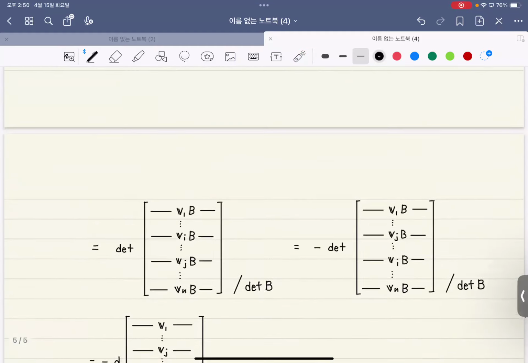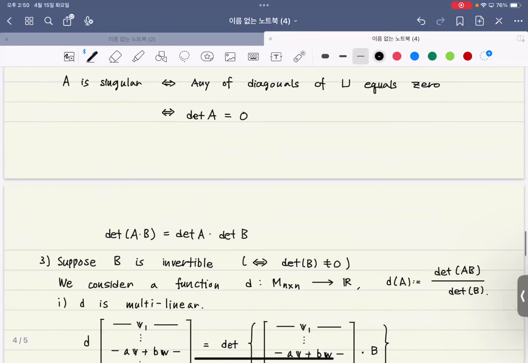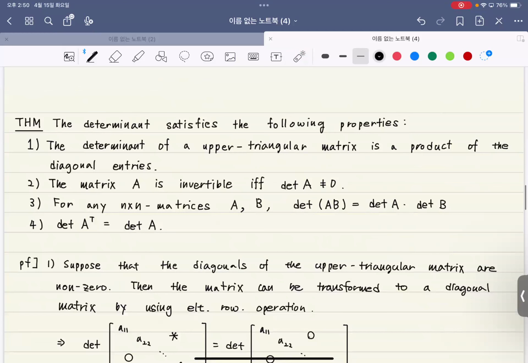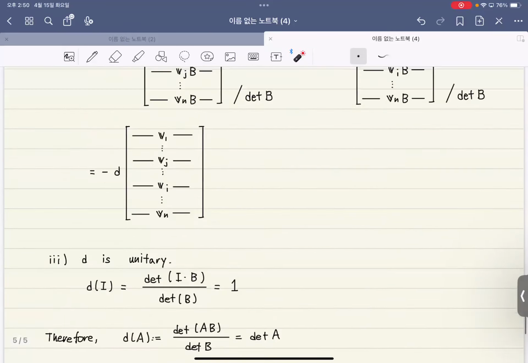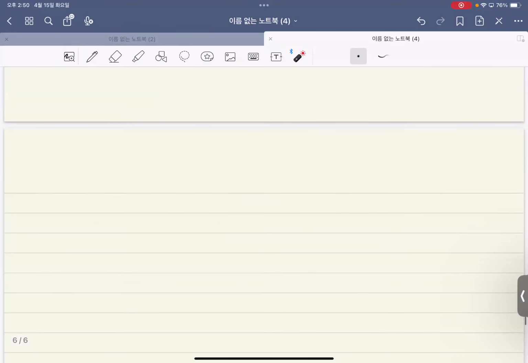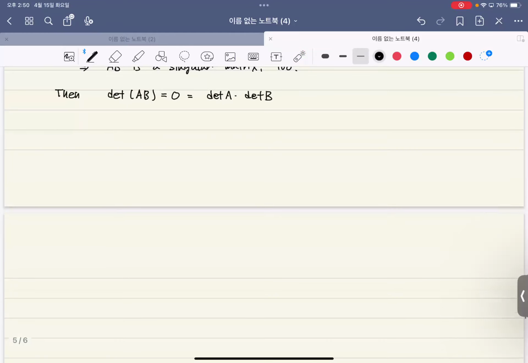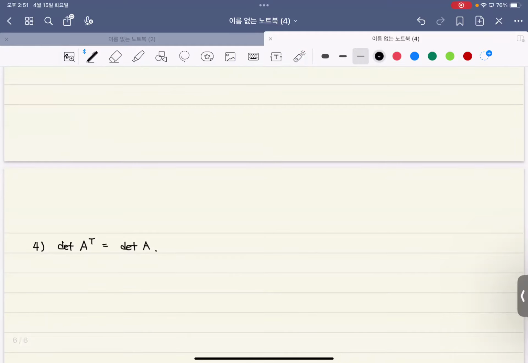So we are done for number 3. Finally, we need to show that the determinant is unchanged under transposition: the determinant of A transpose is the determinant of A. Also, we need to consider 2 different cases.